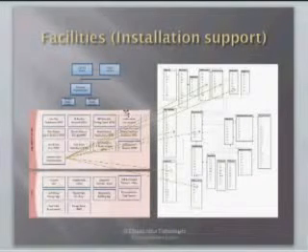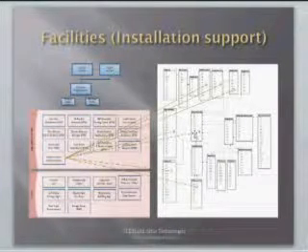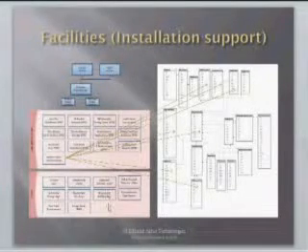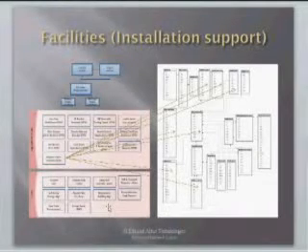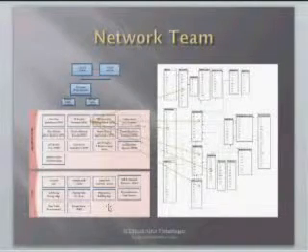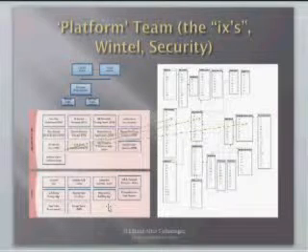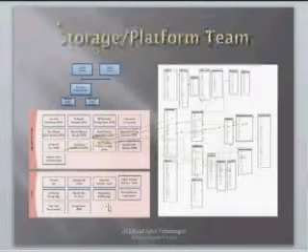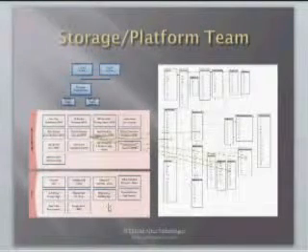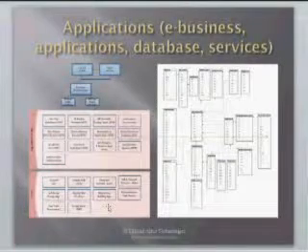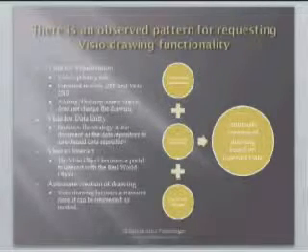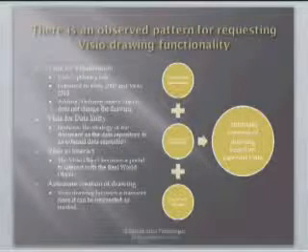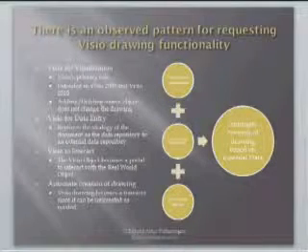Things like facilities, which have a requirement to know components, understand locations and the product types of information that's out there, the rack and stack types of things; the network teams that have their requirements; our platform teams, the Unixes, the Wintels; and security, storage and platform teams, and applications.